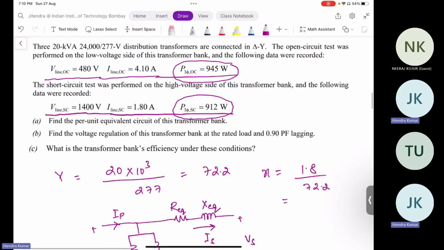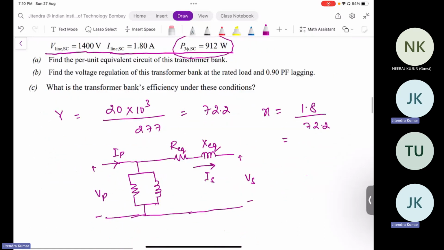Now we have to find out the R equivalent, X equivalent, IS, IP in per unit.